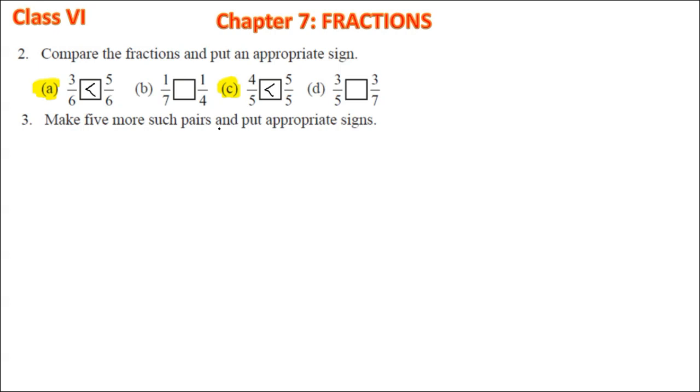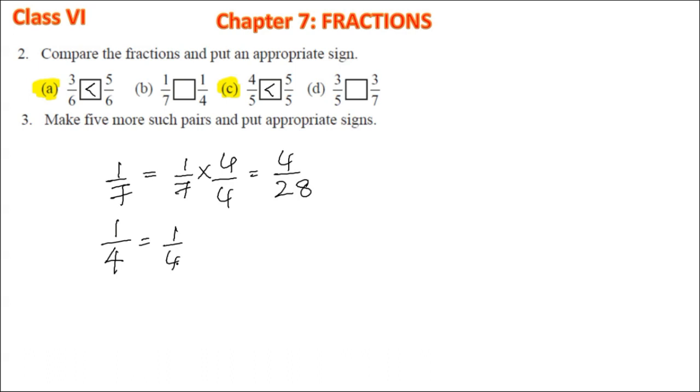Now to answer B, the best thing to do is make them equivalent fractions having the same denominator. So if I multiply this with 4, I'll be getting 4 by 28. If I multiply this with 7 by 7, I'll be getting 7 by 28.